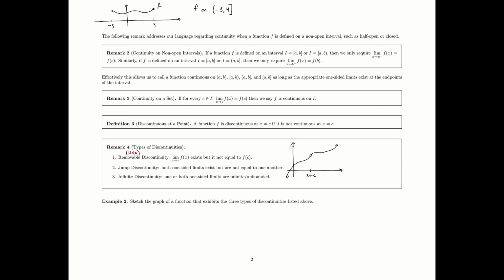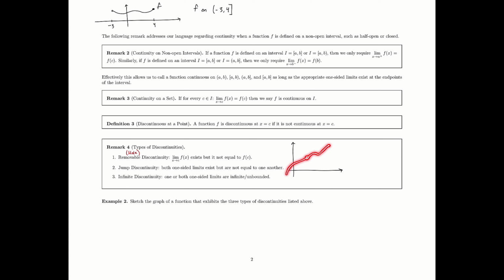So another option that we have, let's look at option 2, which is a jump discontinuity. So a jump discontinuity means that both one-sided limits exist, but they are not equal to one another, which is different than what we had in the last case, because the left and right-hand limits did exist and they were equal to one another.